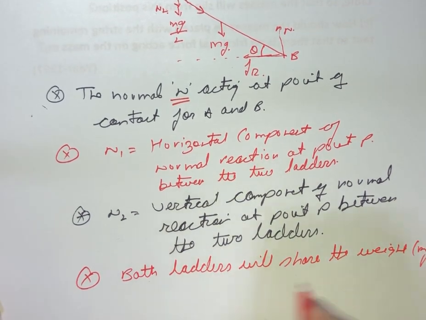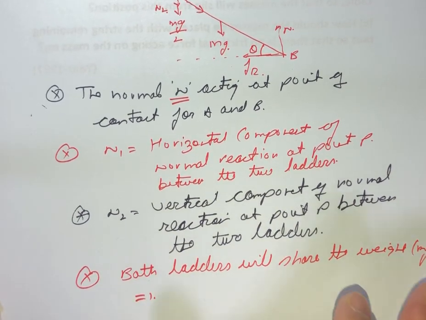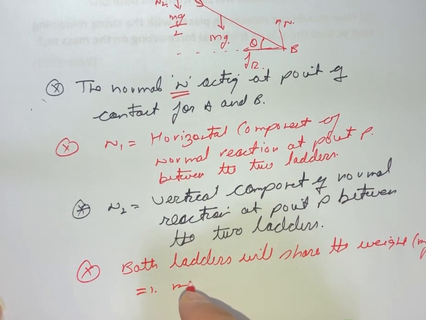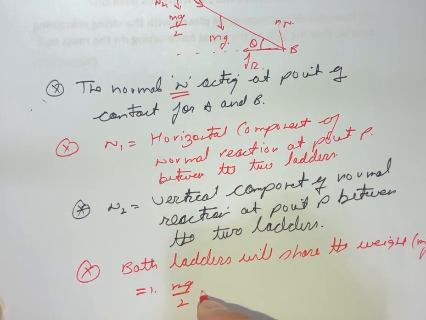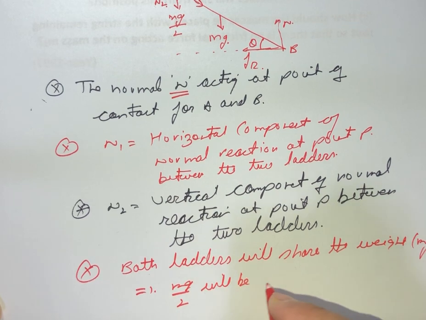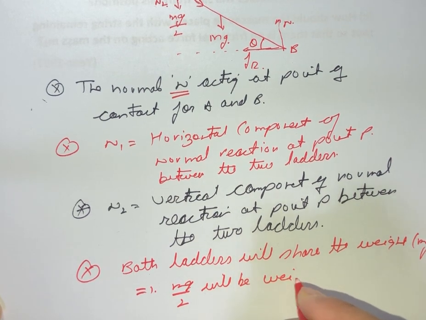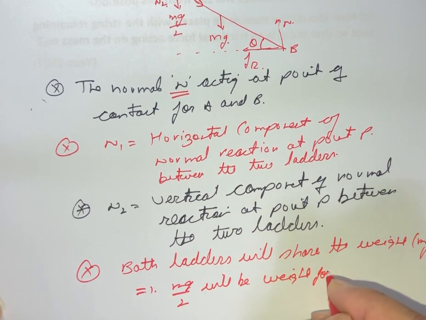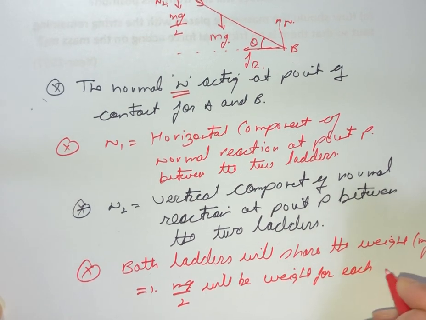Therefore, mg by 2 will be the weight for each ladder.